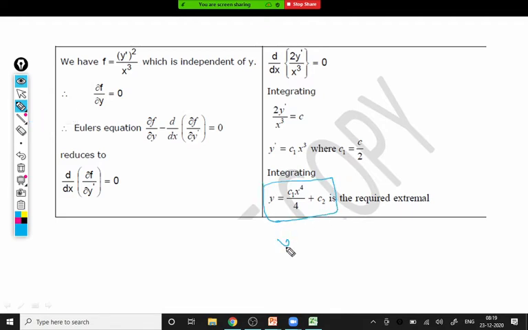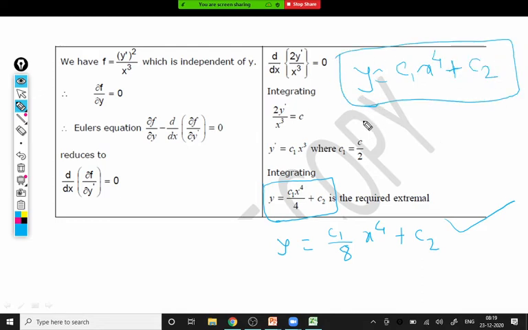If someone writes this answer like what we did previously, c1 upon 8 x raised to 4 plus c2, then that is also correct. If someone writes this answer, whatever I wrote on the previous slide, as c1 x raised to 4 plus c2, then that is also correct. Remember, we wrote c2 x^4 plus c1, so this is also correct.